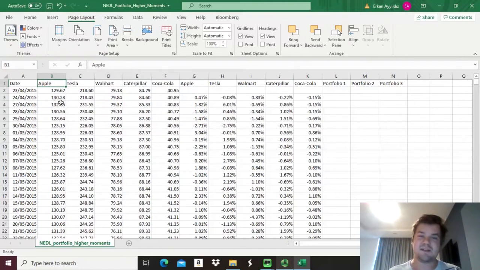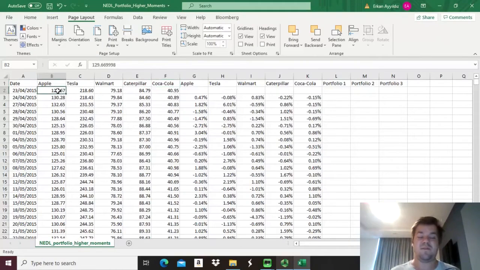So Apple represents technology, Tesla is manufacturing, Walmart is consumer staples or retail, Caterpillar manufactures durable consumer goods or industrial goods, and Coca-Cola manufactures beverages.